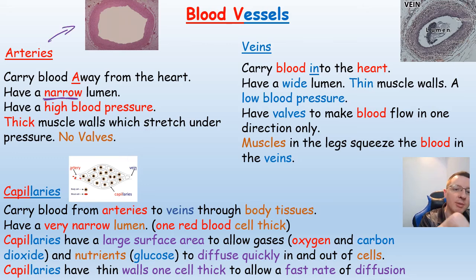Now if you look at the diagram here at the top, you can see the artery here, and I can measure the space where the blood flows through the center of that tube, and the center of any tube is known as a lumen.